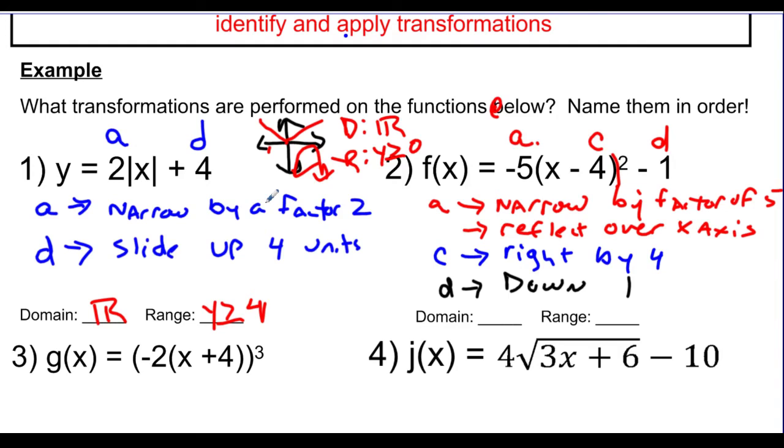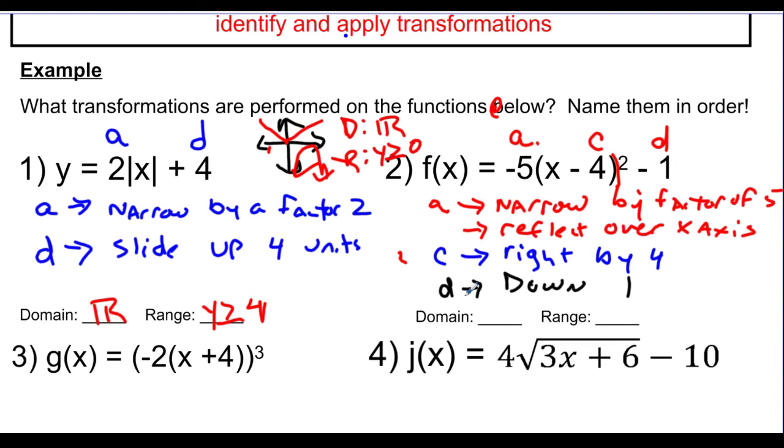So if I'm trying to describe that, it looks like it's to the right, but that didn't really change the domain. The domain was everything to start off with, so the domain is still everything. My range, it moved to the right, and it moved down, and it flipped over, so that's going to change things.